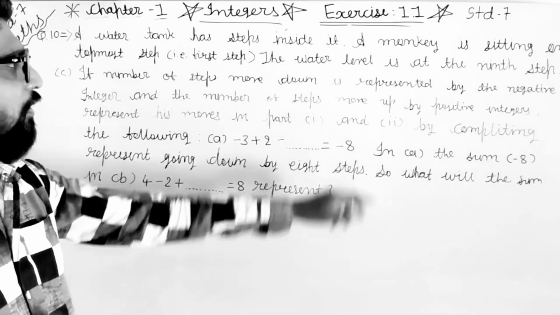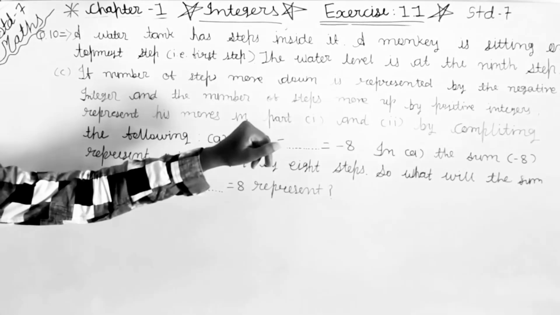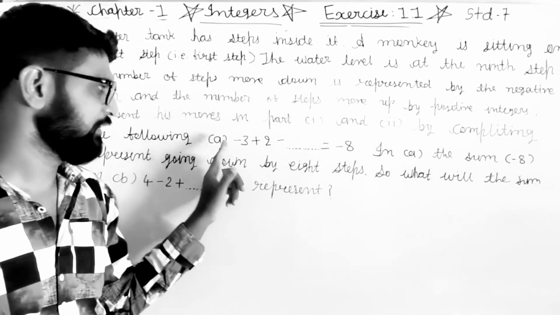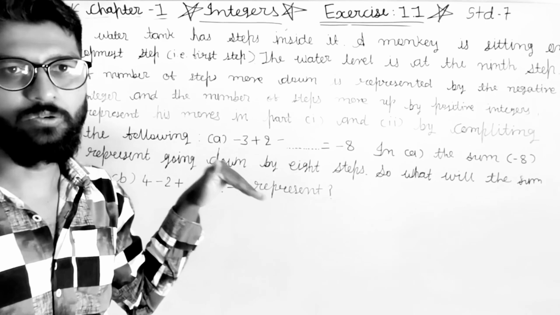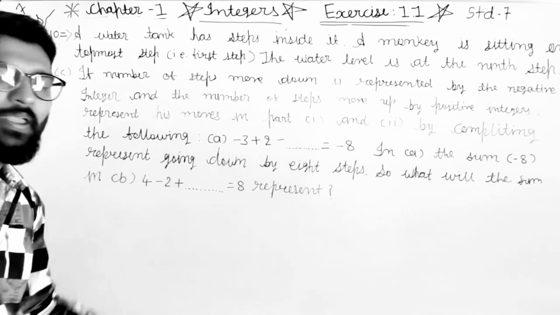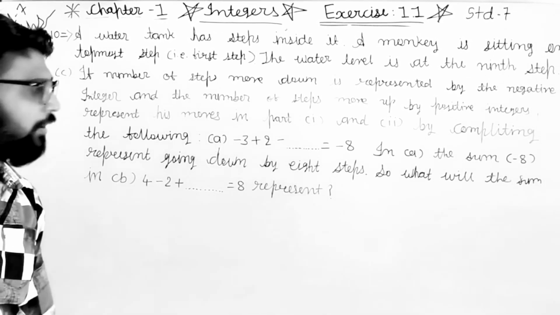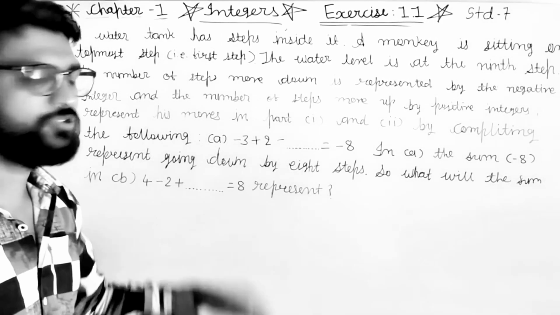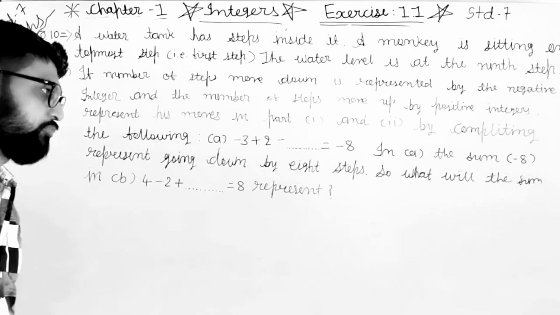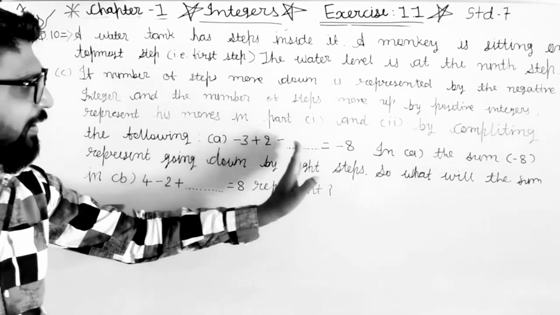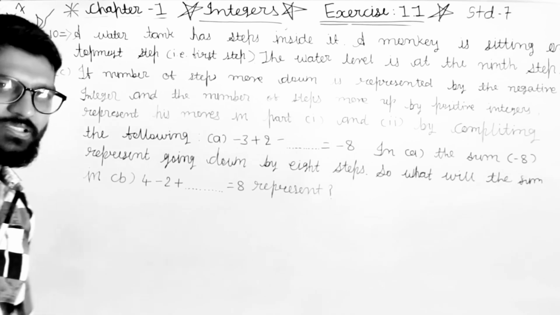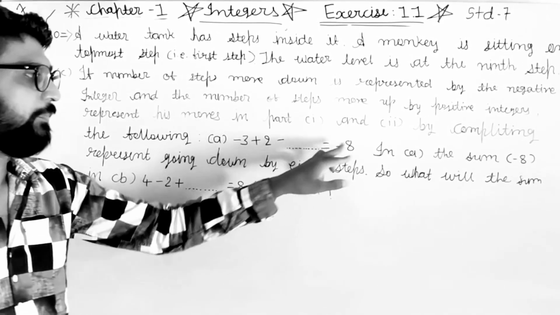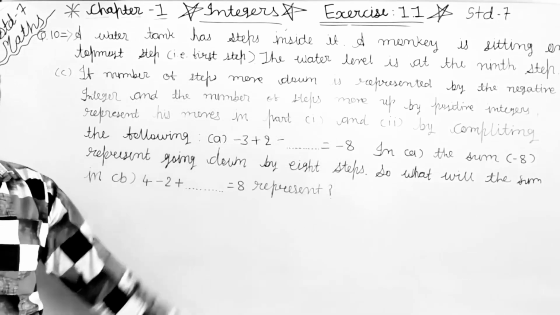So it is already written in our instruction that a move down is represented by a negative integer, meaning the monkey going down 3 steps is represented by minus 3, and coming back up 2 steps is represented by plus 2. The remaining will be our answer, and we have to find the sum, which is equal to minus 8.